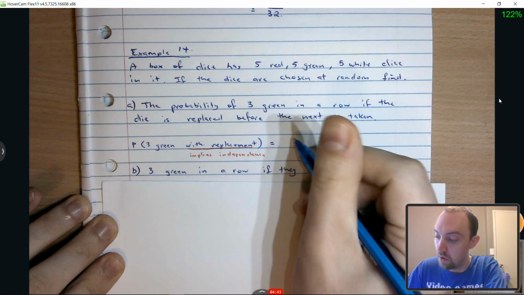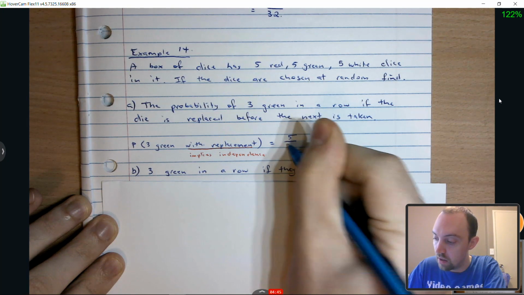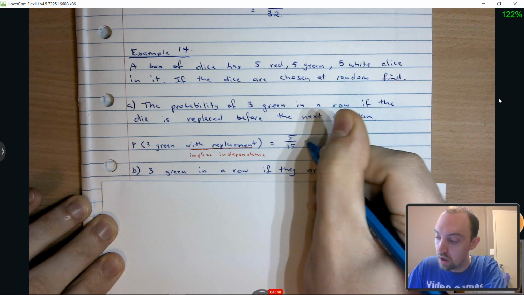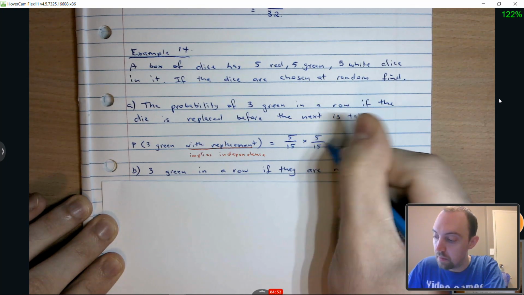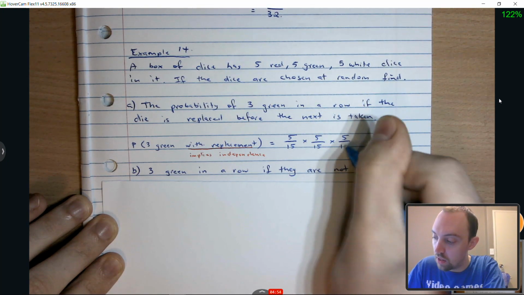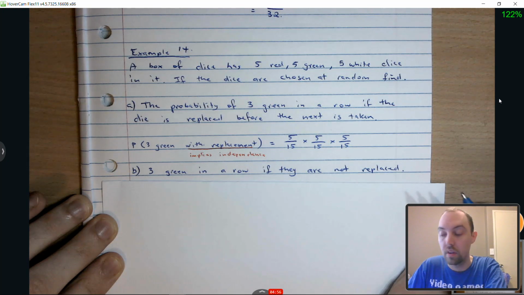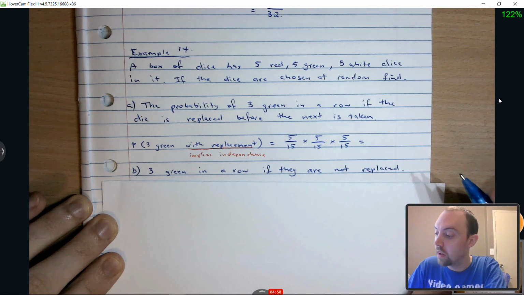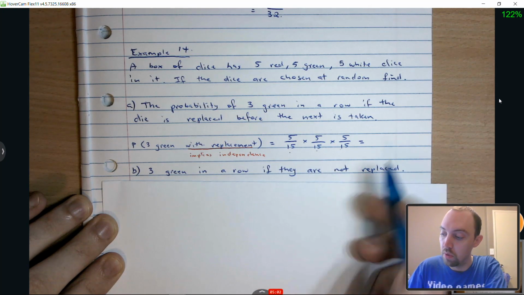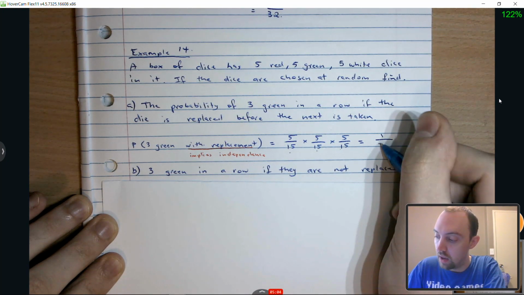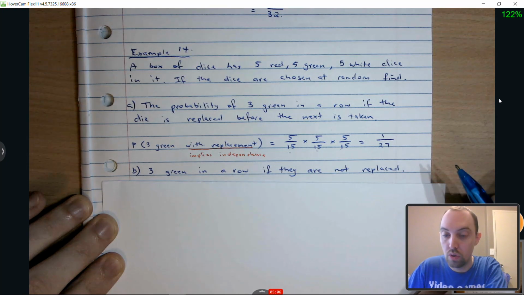Picking that first green is 5 out of 15, or 1/3. The second time, it's still the same, and the third time, still the same. This is just 1/3 times 1/3 times 1/3, and so you'd get 1 out of 27.